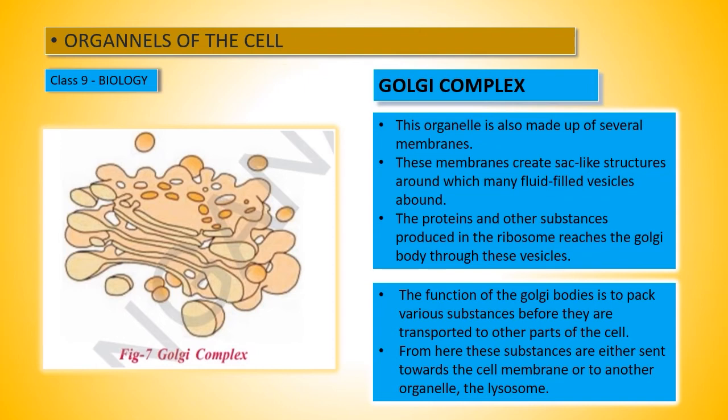The proteins and other substances produced in the ribosome reach the Golgi complex through these vesicles, and their main function is to pack various substances before they are transported to other parts of the cell. From here, these substances are either sent towards the cell membrane or to another organelle, that is the lysosome.